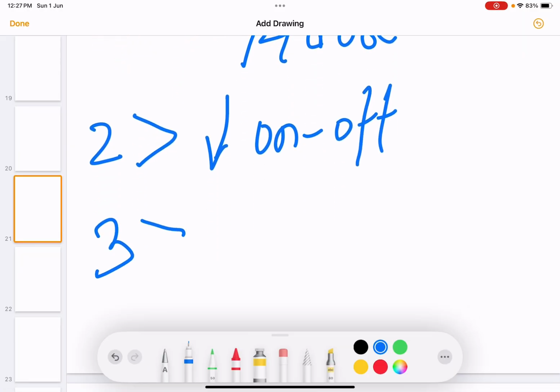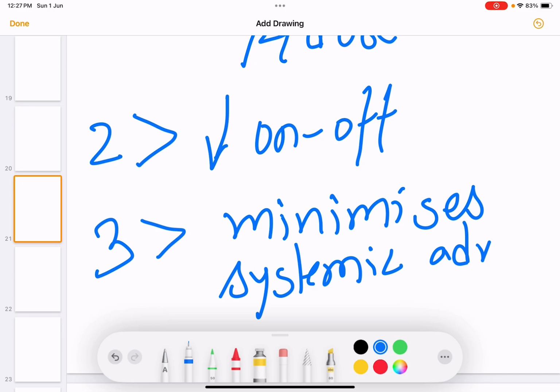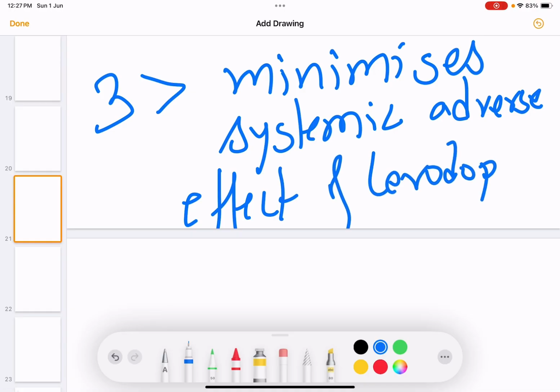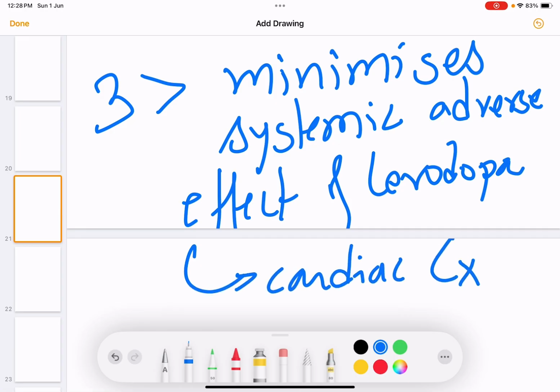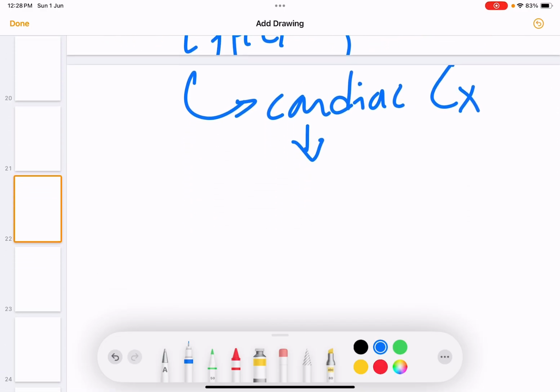Third is it minimizes the systemic complications of levodopa, especially the cardiac complications. So it minimizes systemic adverse effect of levodopa. Especially cardiac complications are minimized. Now there are some problems which do not resolve with this combination or they get accentuated. So problem not resolved or accentuated.